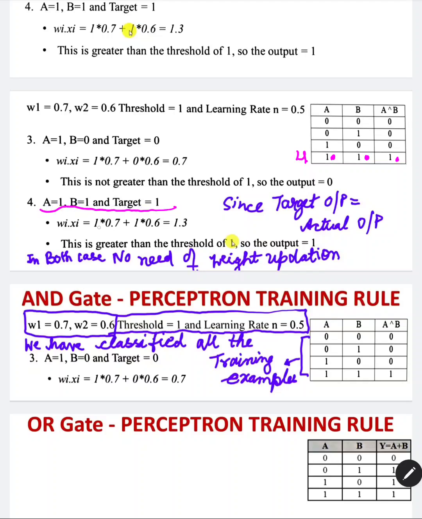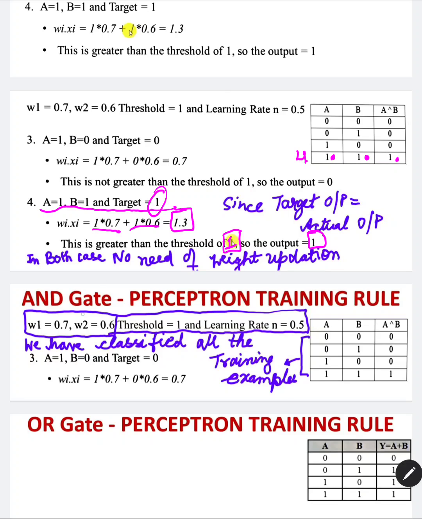So for this, we have 1 into weight 1 plus 1 into weight 2. So the answer becomes 1.3. Since it is greater than the threshold value, which is 1, we'll get the output as 1. The target was 1. The actual output is 1. So in any case, we do not need to update the weights.